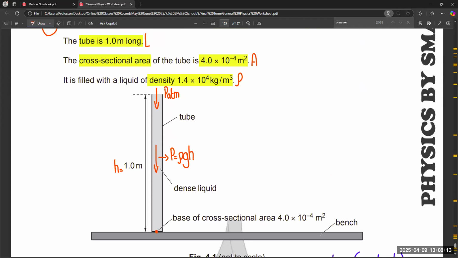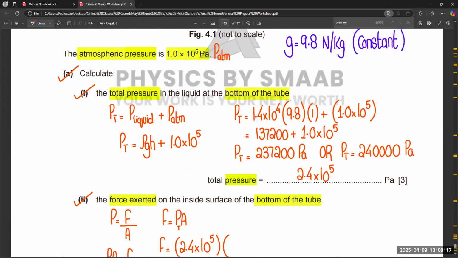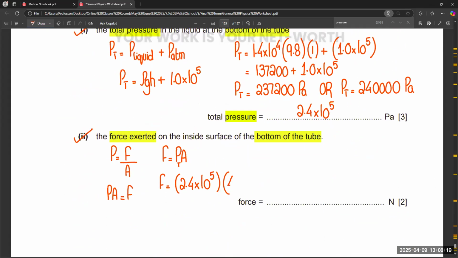Area is 4.0 times 10 to the power minus 4. Now multiply these two quantities and let me know what final answer you are getting from the calculator.